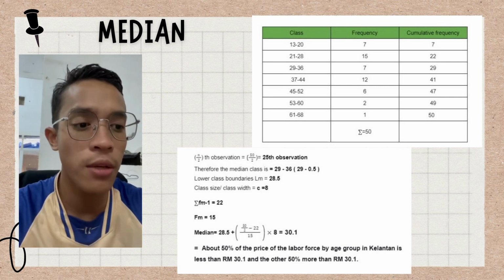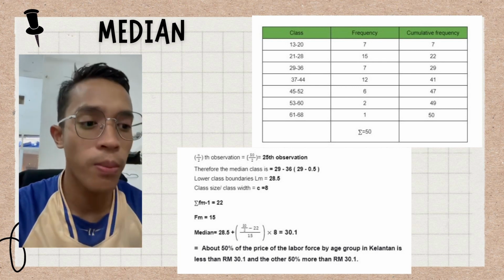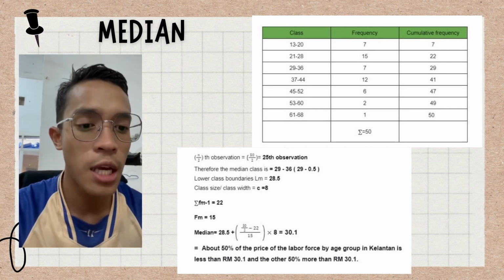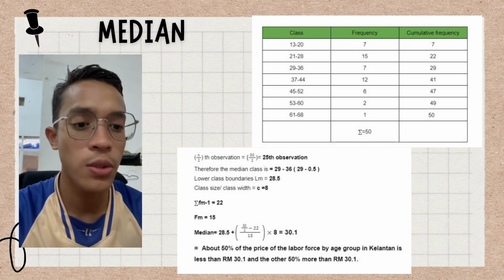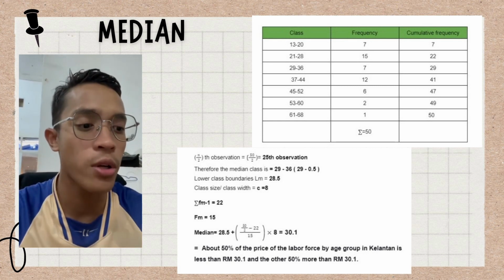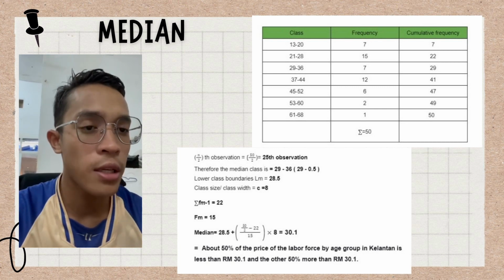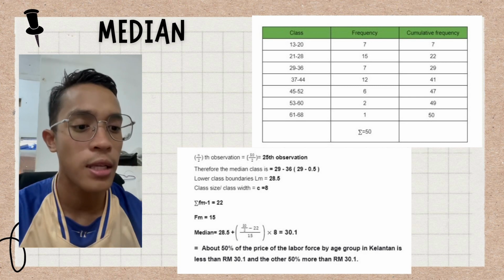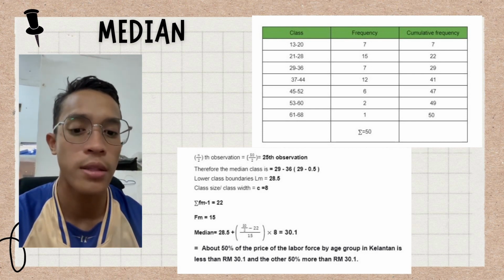By showing the median formula, 28.5 plus in brackets 50 over 2 minus 22, divided by 15, multiplied by 8 equals 30.1. About 50% of the price of the labor force by age group in Kelantan is less than RM 30.1 and the other 50% is more than RM 30.1.